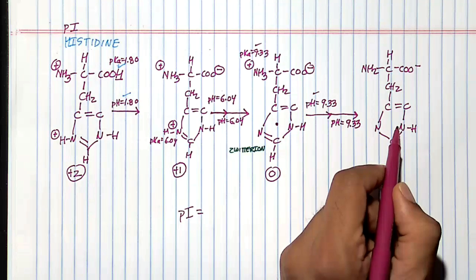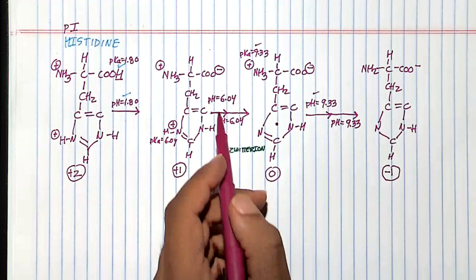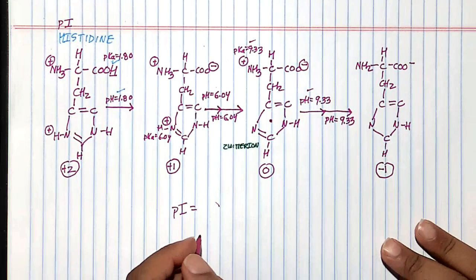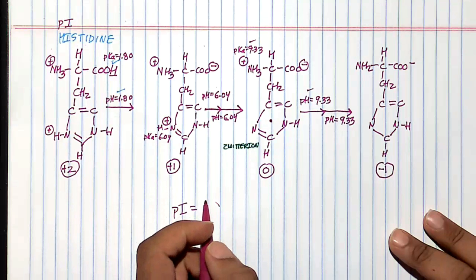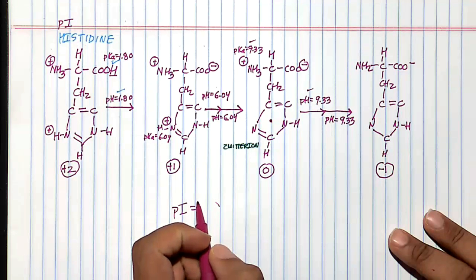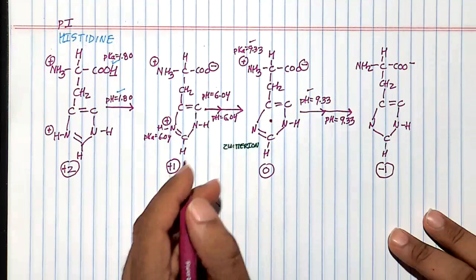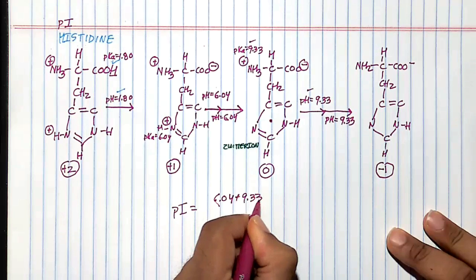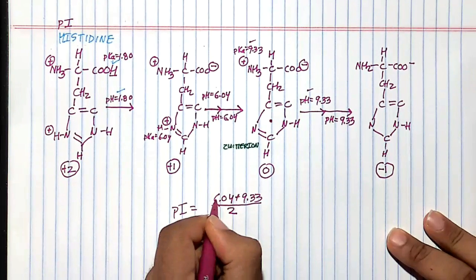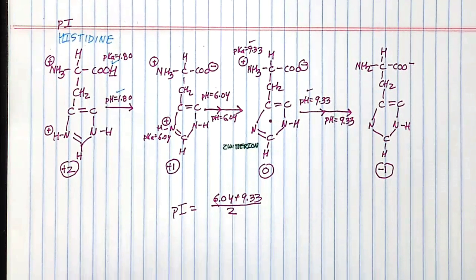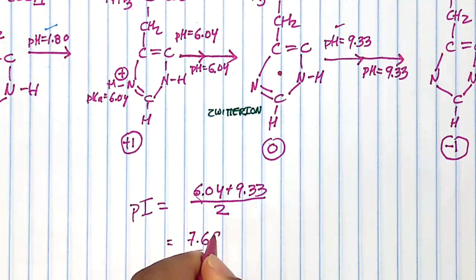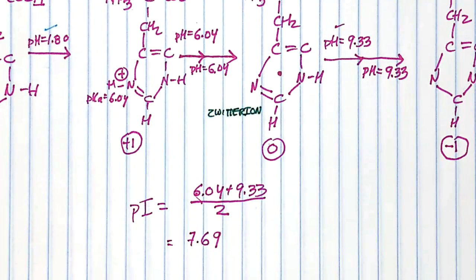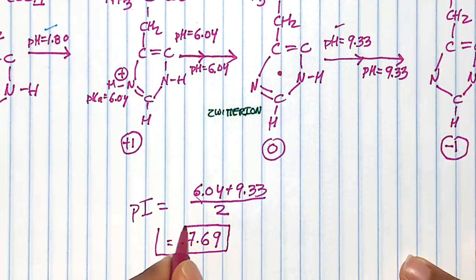So the Zwitterion is going to dominate at an average of these 2 pHs. The isoelectric point, as defined operationally, is the pH at which the Zwitterion dominates. We will take an average of 6.04 plus 9.33, divided by 2, which gives 7.69. So what is special about 7.69?